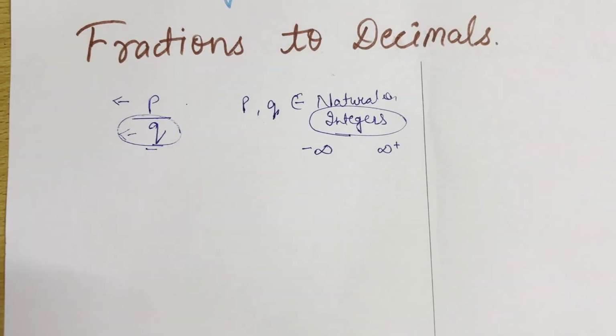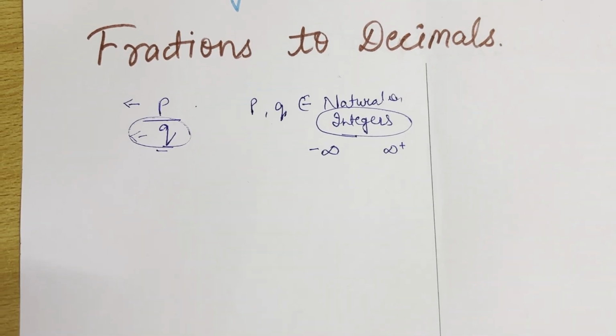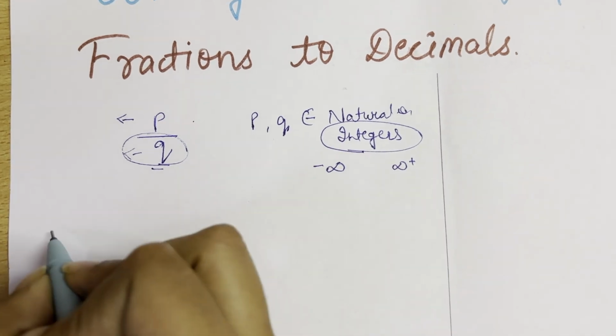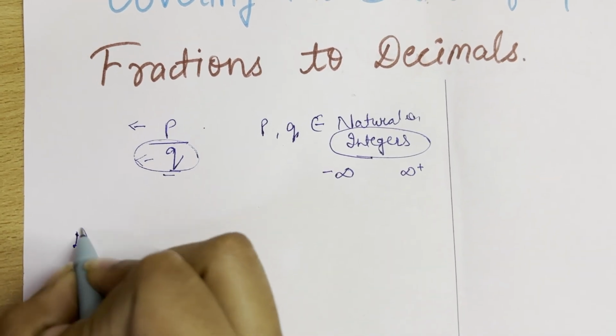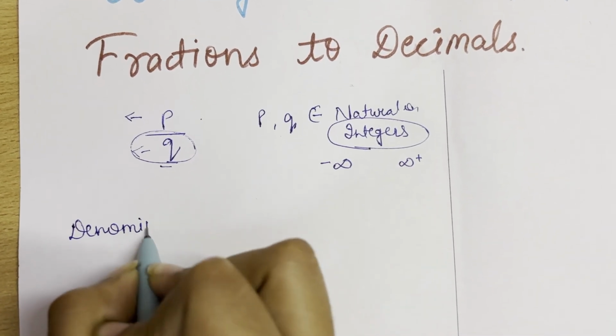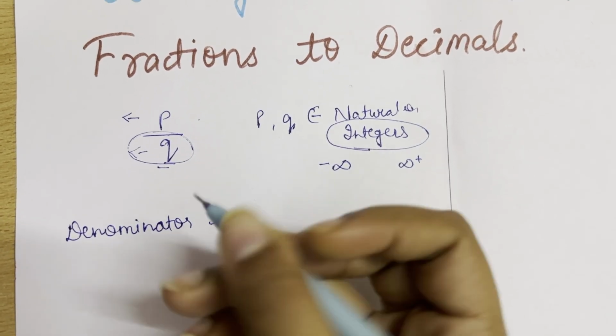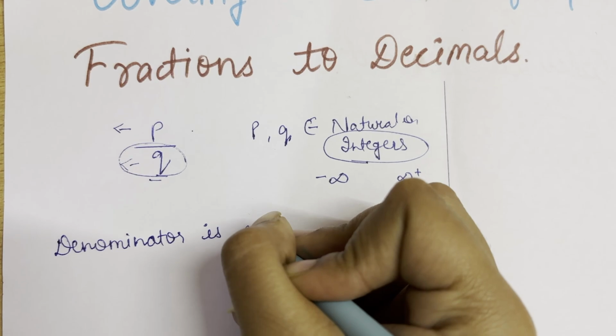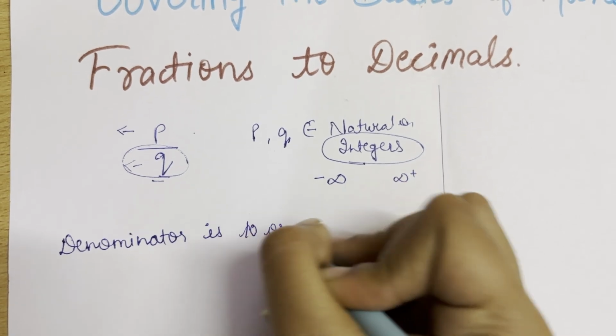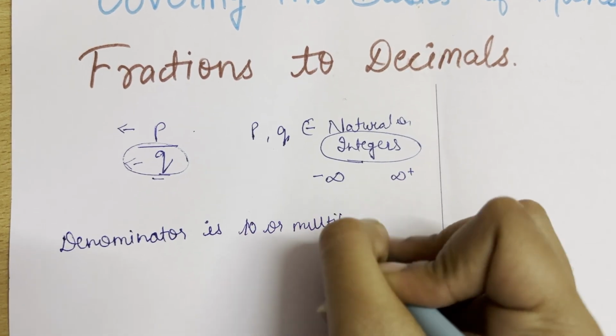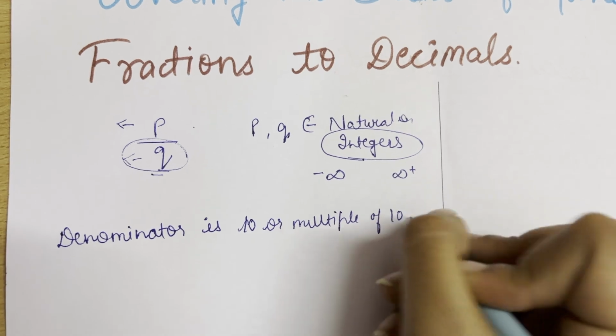So first of all, in the first part, we will learn about how to convert it when the denominator is 10 or a multiple of 10.